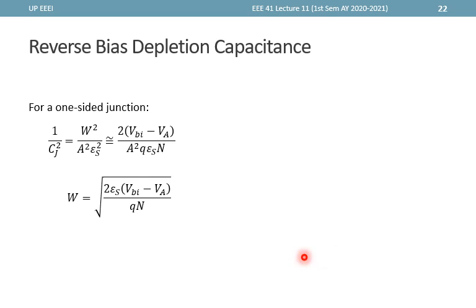So now let's consider a one-sided junction under some reverse bias. We noted a while ago that at reverse bias, C is equal to Cj plus Cd, but at reverse bias, the one that dominates is the junction or depletion capacitance.